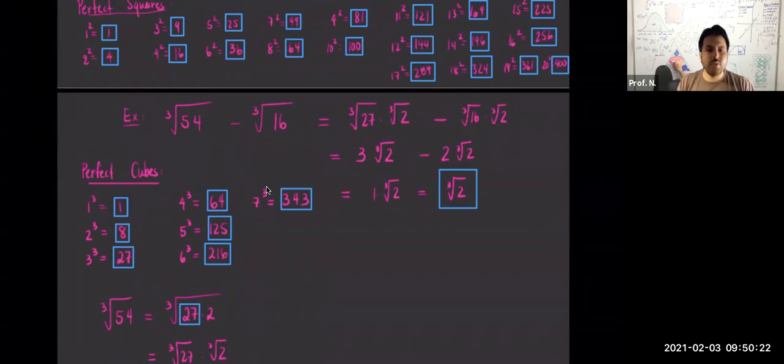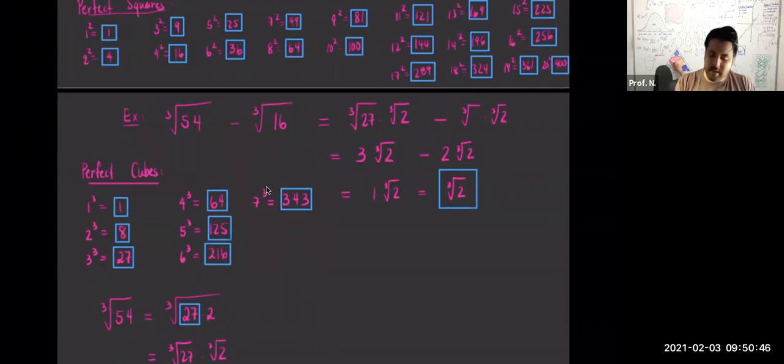How did I get 2 times cube root of 2? So Rita, it's the same idea as to why I got 3 cube root of 2 for the cube root of 54. 16 can be broken down as 2 factors, 8 and 2. And I think that's where I made the little mistake. So there's a mistake here. It should be 8.